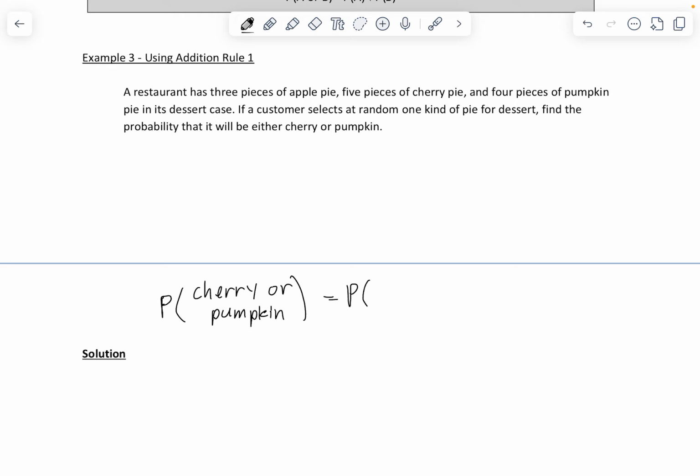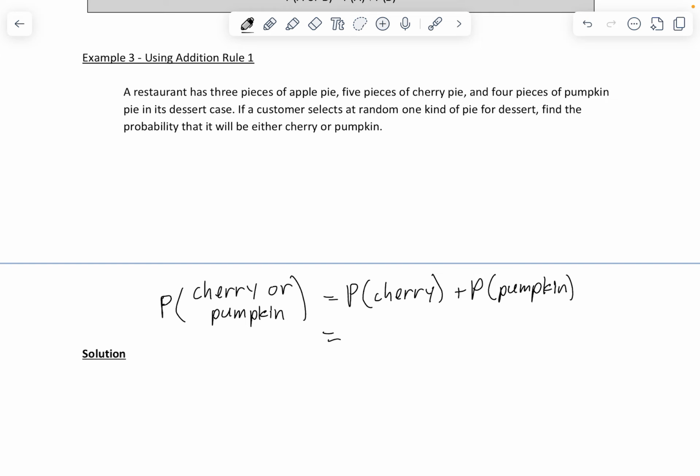This is equal to the probability of cherry plus the probability of pumpkin. The problem description says that the restaurant has 3 pieces of apple pie, 5 pieces of cherry pie, and 4 pieces of pumpkin pie in its dessert case. That's a total of 12 pieces of pie.